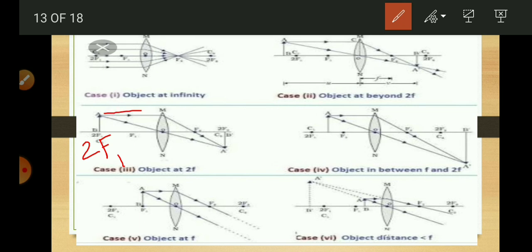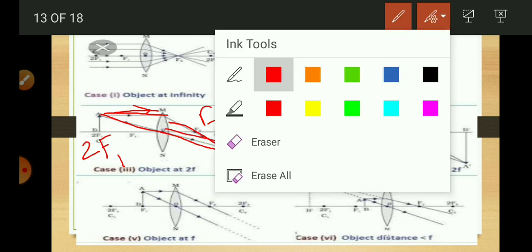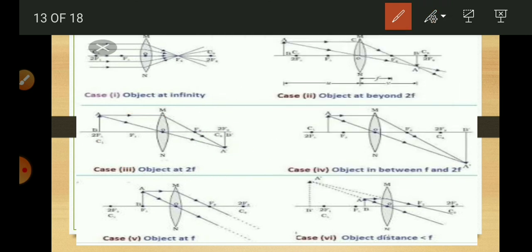So the first ray we will take is parallel to the principal axis and passes through f2. And another ray is the one passing through the optical center, which emerges without any deviation, there is no refraction. So these two rays we are taking.